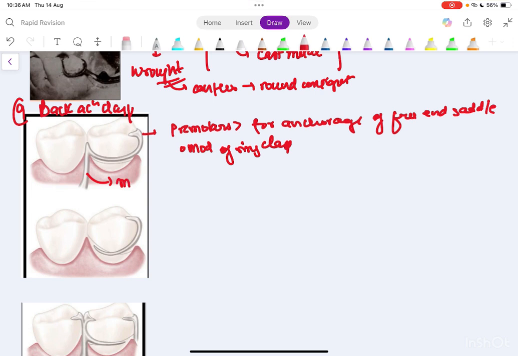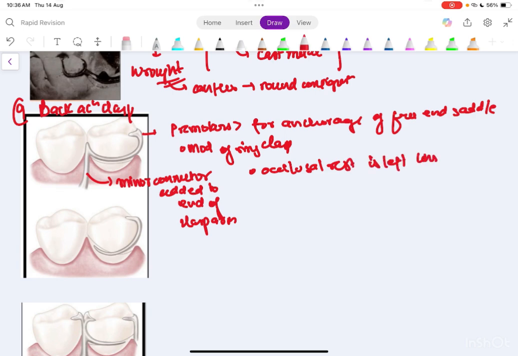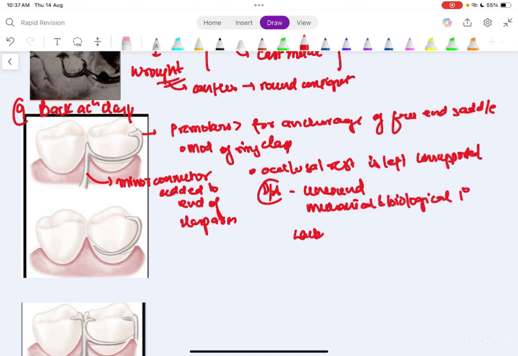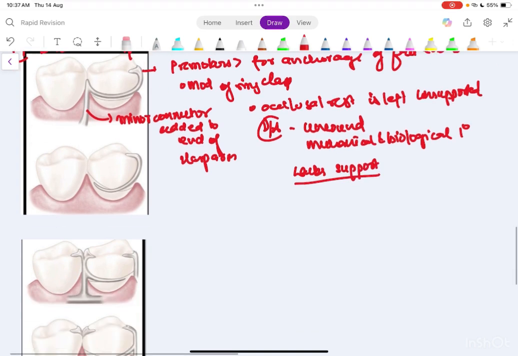There's a minor connector added to the end of the clasp arm, and the occlusal rest is left unsupported. Now it has a lot of disadvantages. It has unsound mechanical and biological principles, and it lacks support because the occlusal rest is left unsupported.